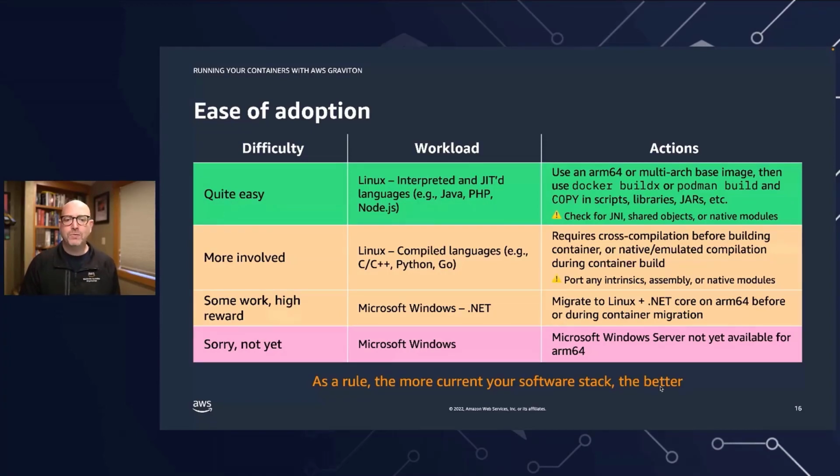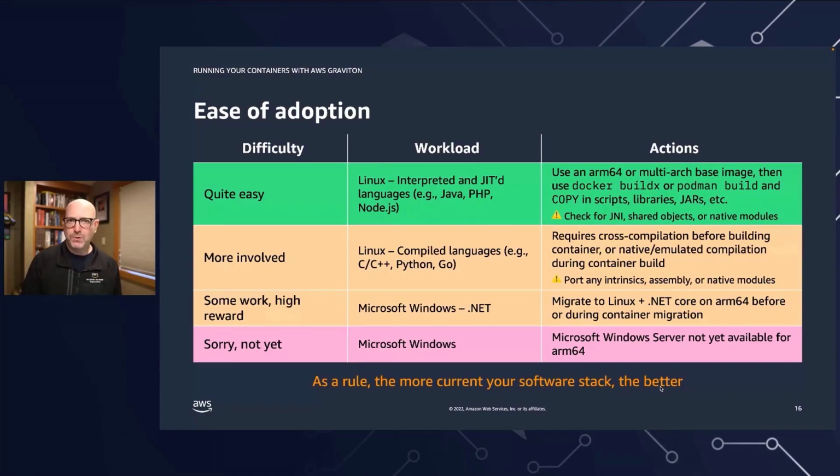But it's important to look for things like JNI or shared objects that might be used by your scripting languages. Typical cases in which you might find shared objects include accelerated math libraries, machine learning, graphics manipulation, video manipulation and encoding, and so forth. So look for files ending in .so or look for JNI being used in your jar. In those cases, you often have to recompile those shared objects or build them natively on Graviton.